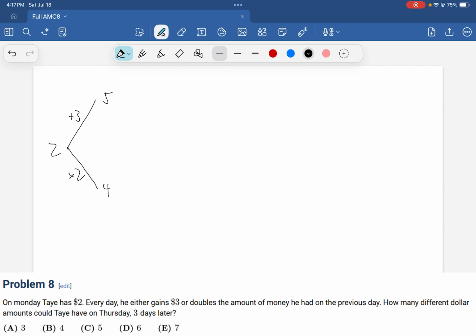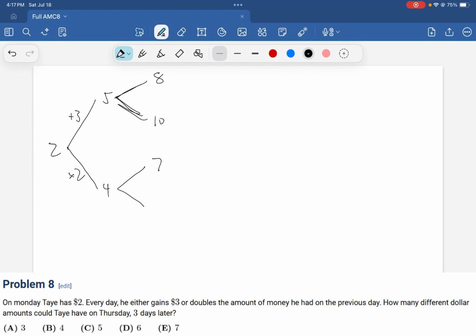So this becomes 5 and this becomes 4. We branch again. For an upper branch, we're going to say plus 3, and for a lower branch, we're going to say times 2. Plus 3 becomes 8, and times 2 becomes 10. For this, plus 3 becomes 7, and times 2 becomes 8. So we see that 8 is repeated, which means we don't actually have to worry about this.